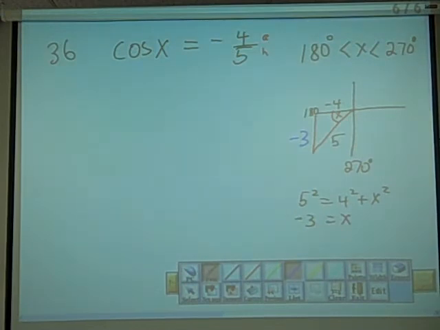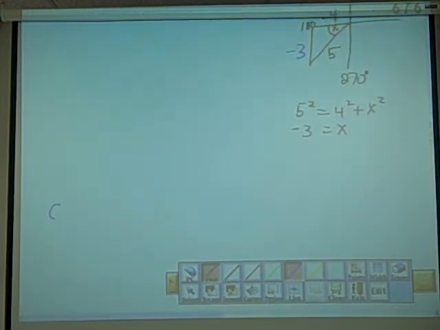Well, since we're working with a 4 over 5 to get x over 2, what we want to do now is find cosine x over 2. And we know that cosine x over 2 is plus or minus the square root of 1 plus cosine x over 2.